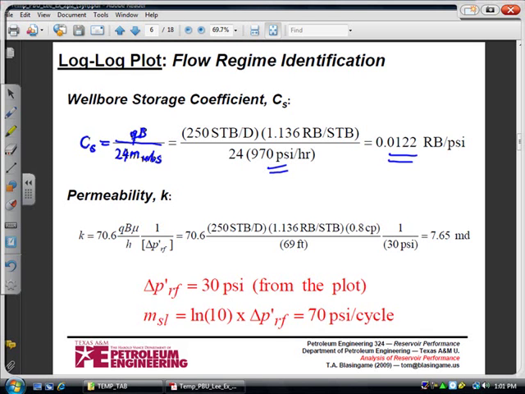And the equation for the permeability from the log-log analysis is this: 70.6 QB mu over H times 1 over delta P dash RF. So how do you relate this to the semi-log permeability?